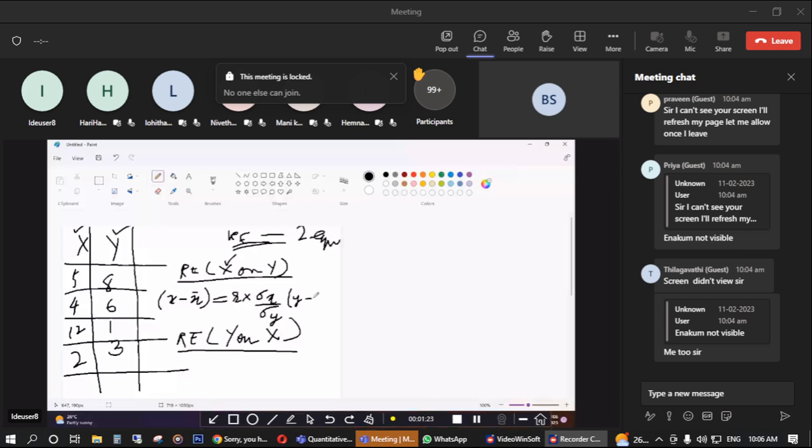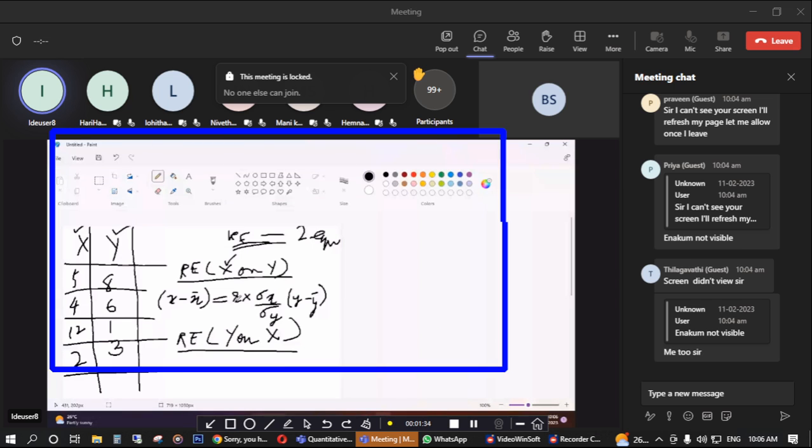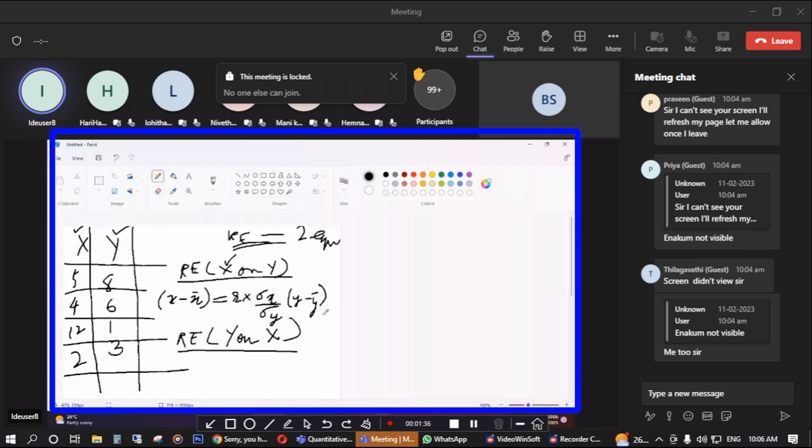Understood? So this is the regression equation of x on y: x minus x bar is equal to r into sigma x by sigma y into y minus y bar.